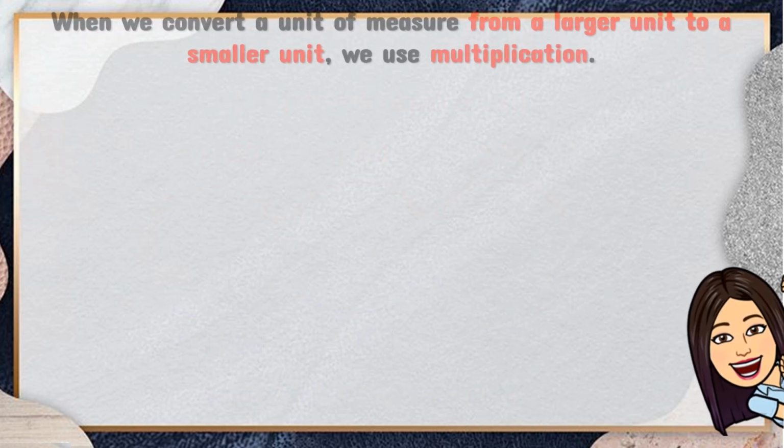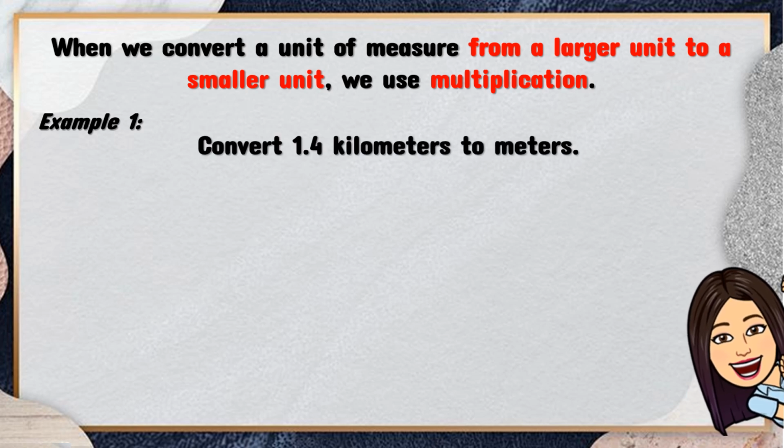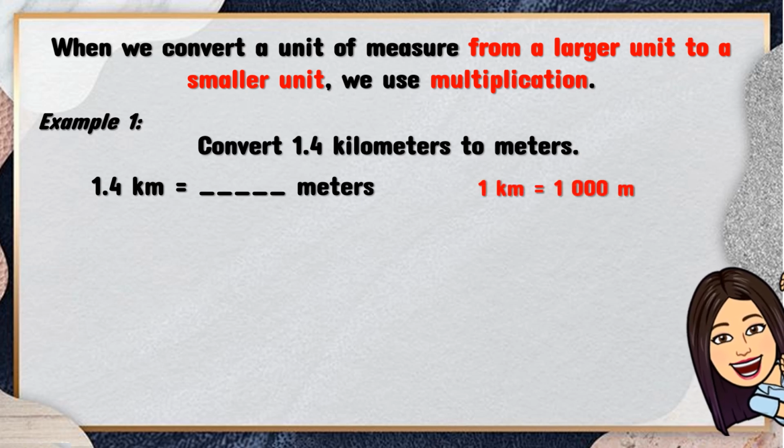As I've said, when we convert a unit of measure from a larger unit to a smaller unit, we use multiplication. Let's solve the first example. Convert 1.4 kilometers to meters. So 1.4 kilometers is equal to blank meters. The unit for conversion is 1 kilometer is equal to 1,000 meters.